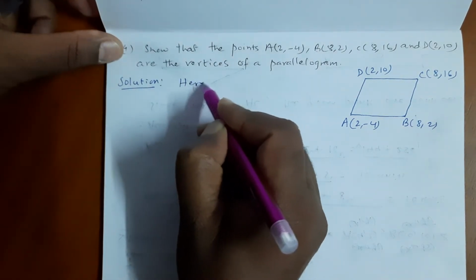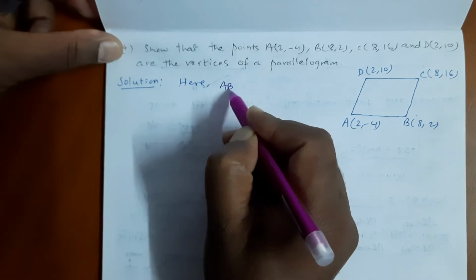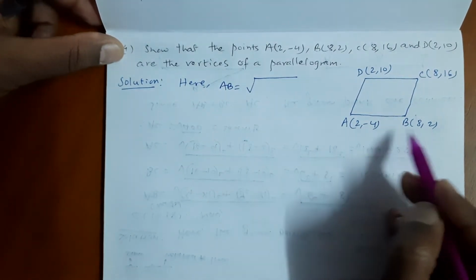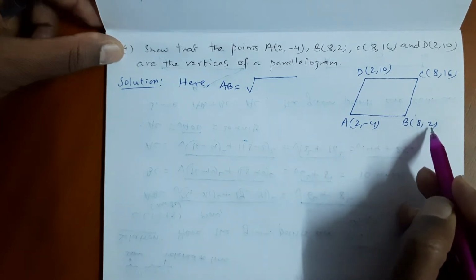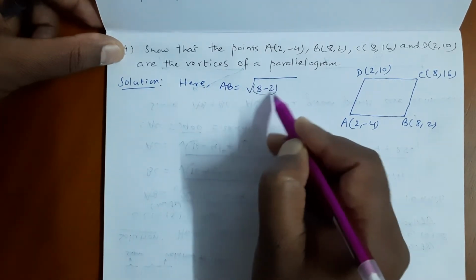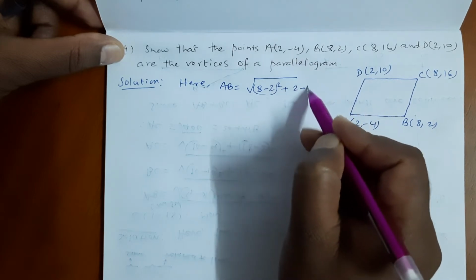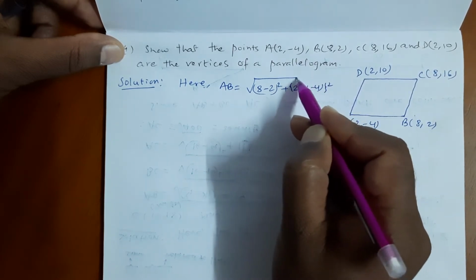Here, AB, using the distance formula, square root of (x2 minus x1) squared plus (y2 minus y1) squared, or the difference of x coordinates squared plus the difference of y coordinates squared. That will be 8 minus 2 squared plus 2 minus (minus 4) squared.